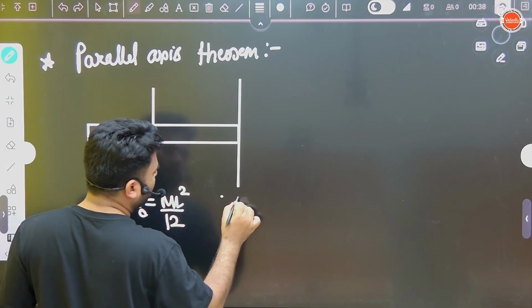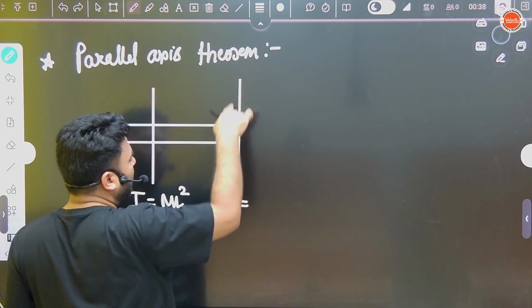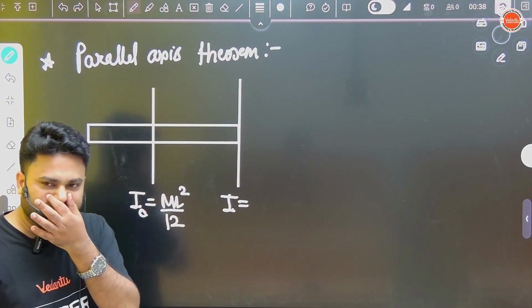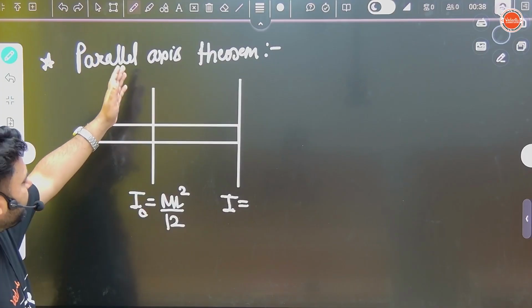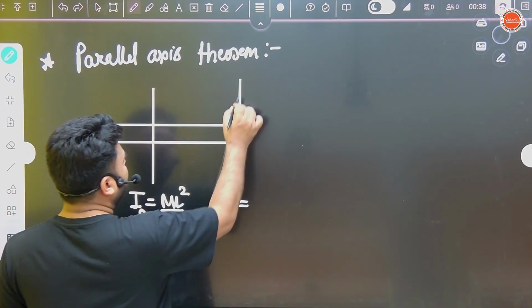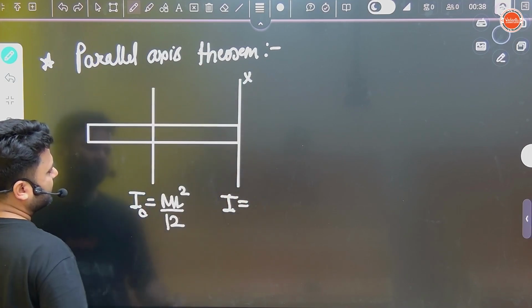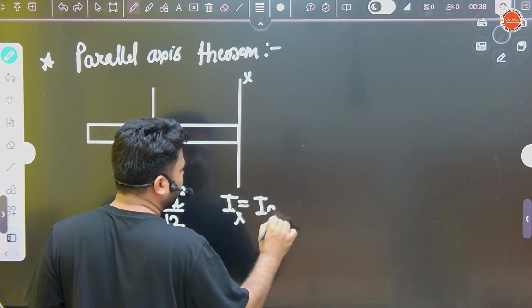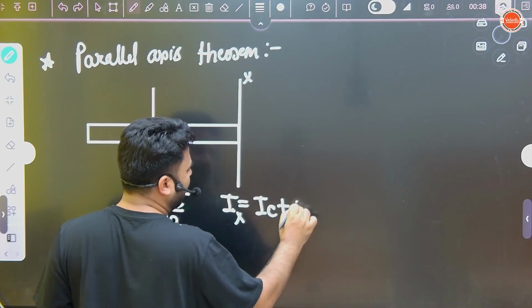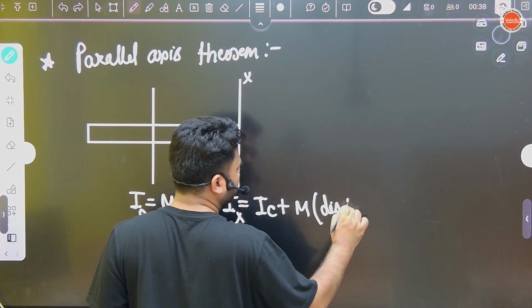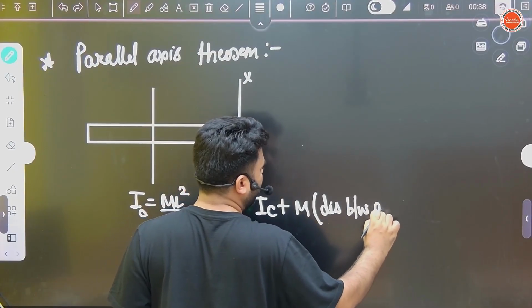I want to know the moment of inertia about this axis. Now, what does the parallel axis theorem say? That if you know the moment of inertia formula about the central axis, then the moment of inertia about any axis which is parallel to this is calculated as the moment of inertia about the central axis plus mass into distance between the axes square.